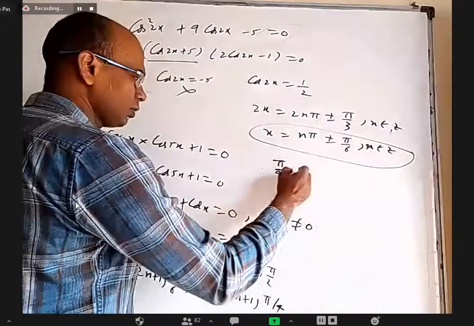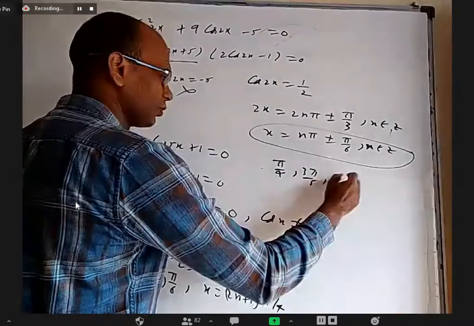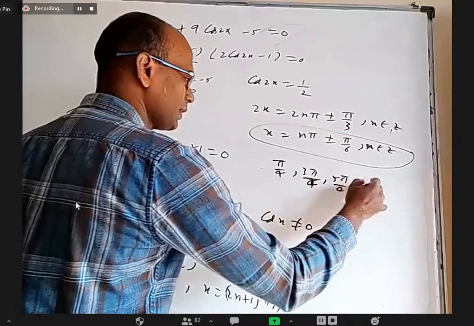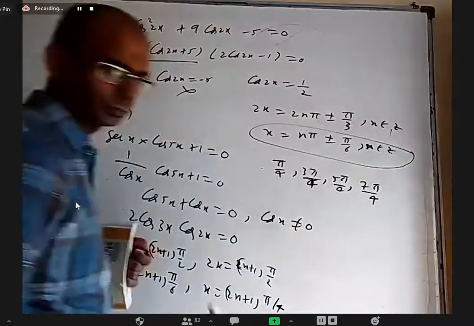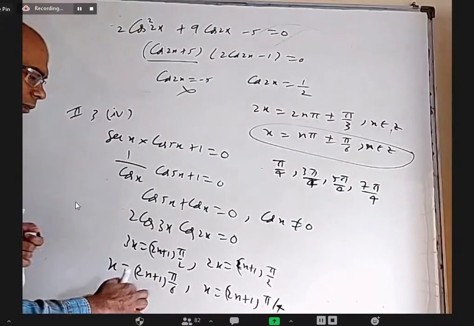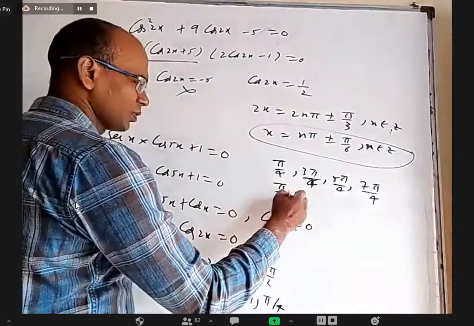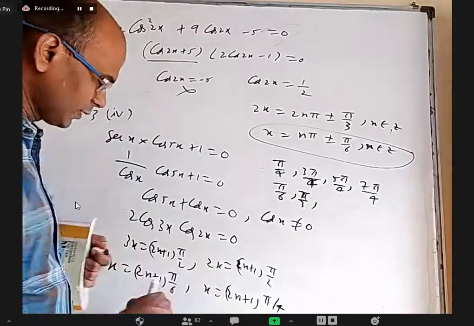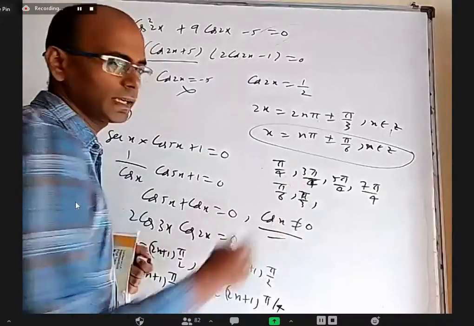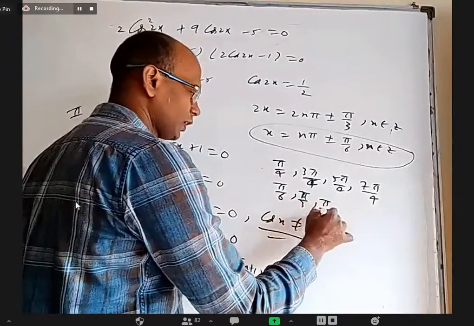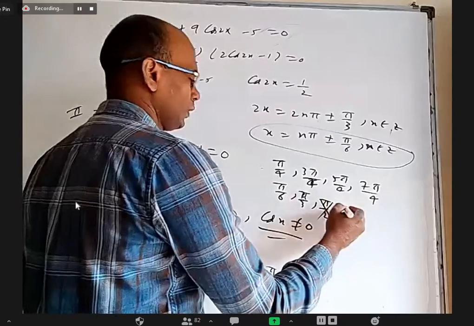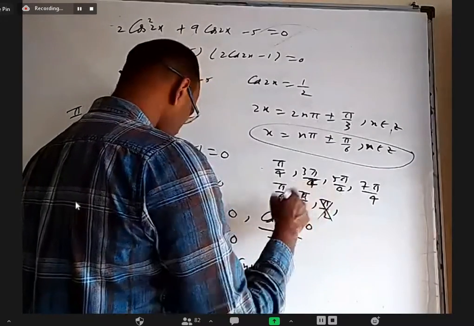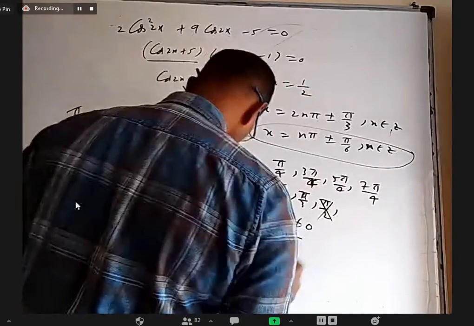Pi by 4, 3 pi by 4, 5 pi by 4, and 7 pi by 4. This one, pi by 6, 2 pi by 6 is pi by 3. 3 pi by 6, pi by 2 is there in this. But because of this, we should neglect that. Odd numbers, right?